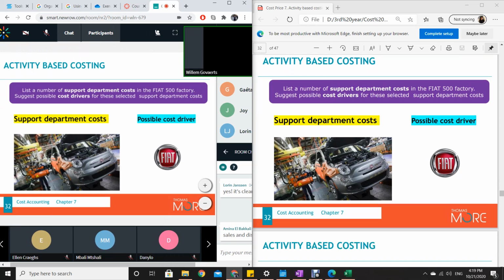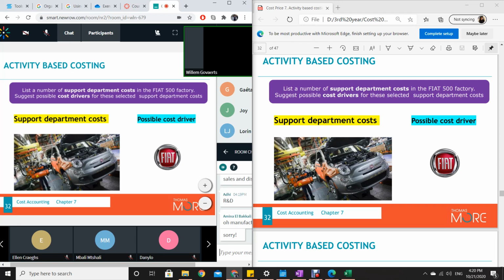Sales and distribution. Okay, sales and distribution once again. We are still in a manufacturing surrounding. We do indeed have sales and distribution and marketing costs, but this is not inside the scope of cost calculation.